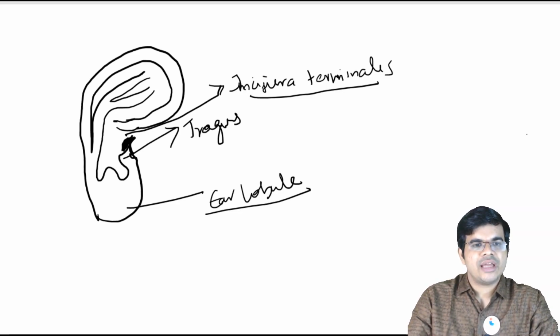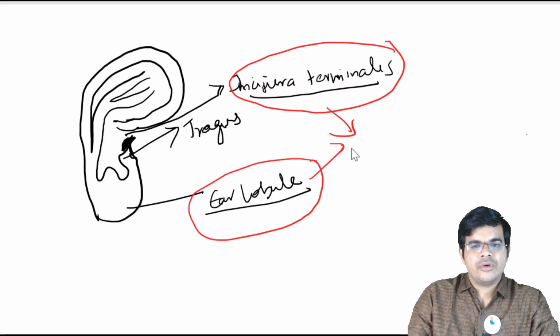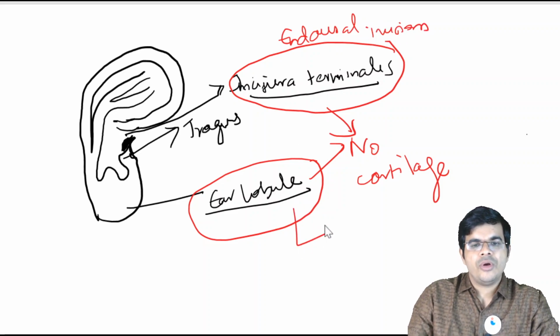The significance is that when you have no cartilage, the chance of perichondritis to occur when there is injury is nil. Okay, no cartilage. So in the incisura terminalis you can put endaural incision without fearing perichondritis. And ear lobule, you can prick the ear. Okay, you can prick the ear. So that is the significance about that.